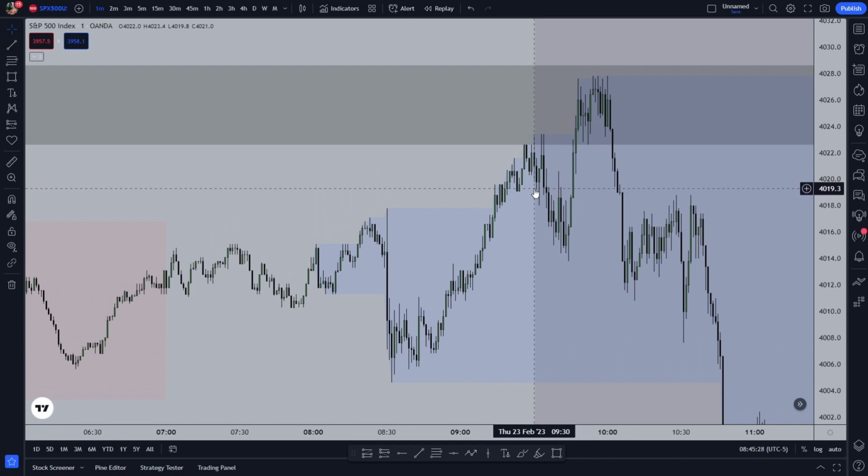At 9:30 price gave a false move to attract the retail traders, and after that it left these relative equal highs. So it went up, filled the fair value gap, and then it took both highs, and then it gave a market structure shift to the downside.